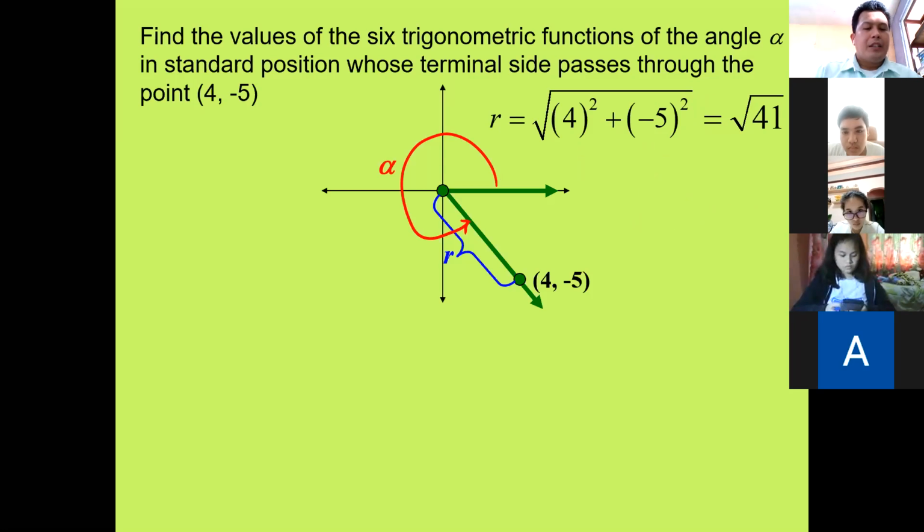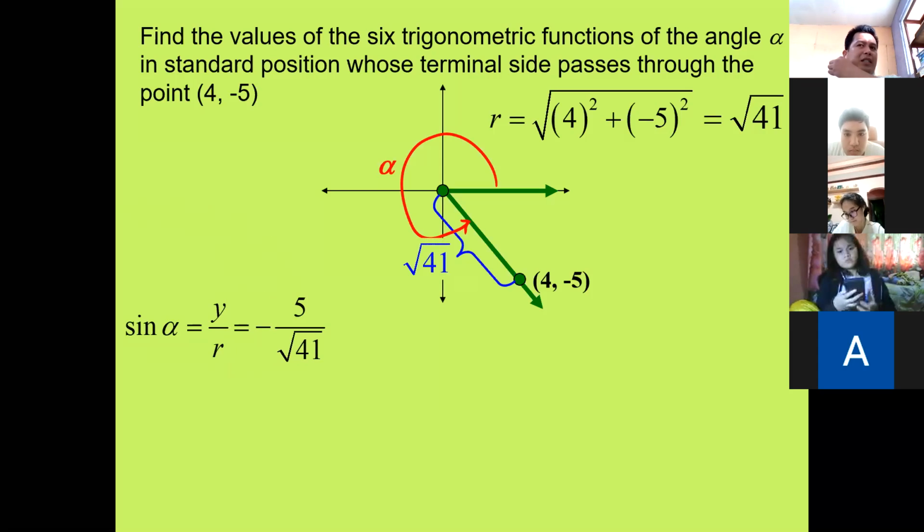Just so you know, your final answer should be a rationalized value. Instead of having a radical in the denominator, you have to rationalize it. So your modulus r is now equal to the square root of 41. We can now find the first function, which is sine. Sine is equal to y over r. Your y is negative 5, and your r is the square root of 41.